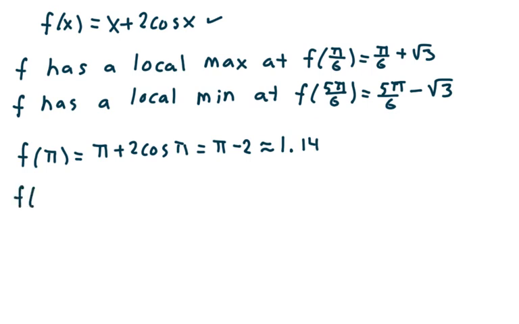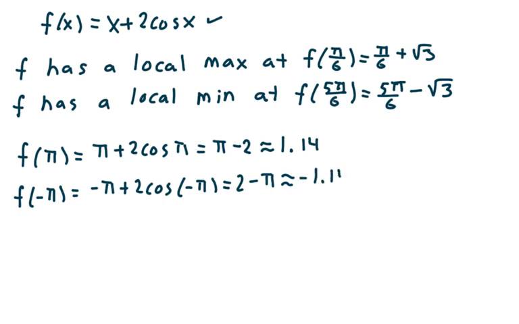And then f of negative pi is negative pi plus 2 cosine of negative pi, which is 2 minus pi, which is approximately negative 1.14. And then the question becomes, which one's the smallest y value, and which one's the biggest y value?